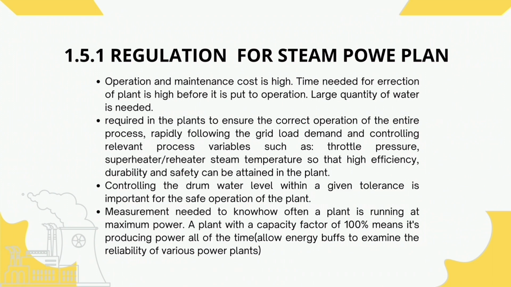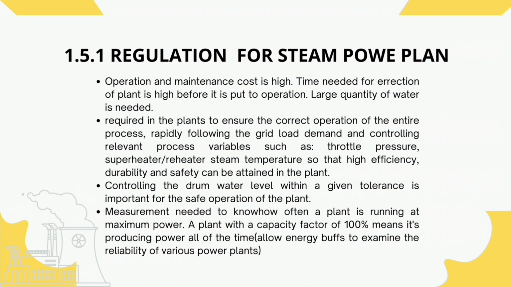Number 2, regulation is required in the plant to ensure the correct operation of the entire process, rapidly following the grid load demand and controlling relevant process variables such as throttle pressure and superheater or reheater steam temperature, so that high efficiency, durability and safety can be attained in the plant.